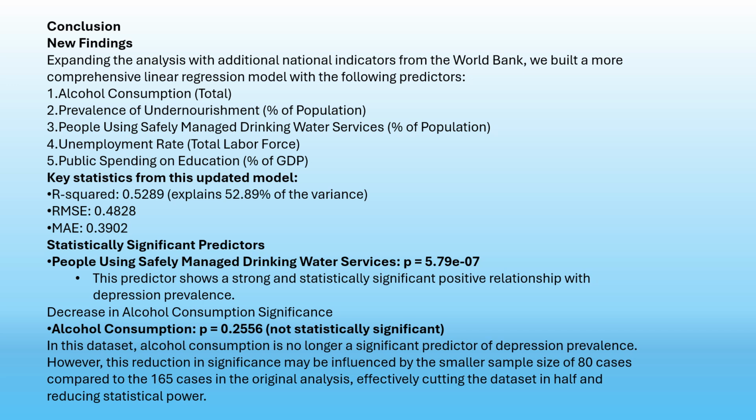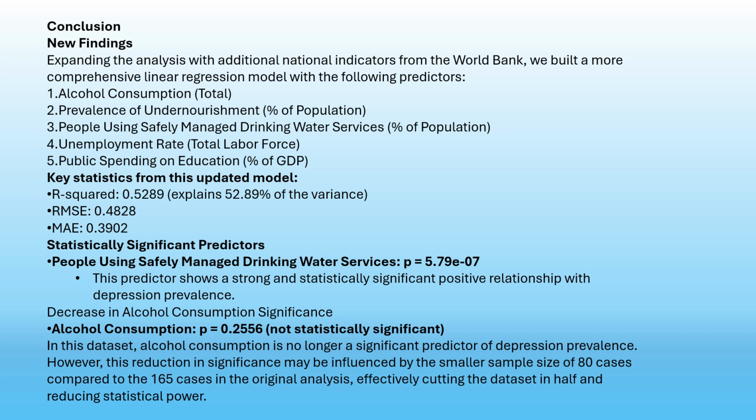But I do have to say that there was a decrease in the significance of alcohol consumption. While it was very significant in my previous study, in this study, that was no longer the case. One of the reasons I feel that's possible is the big reduction in the sample size.